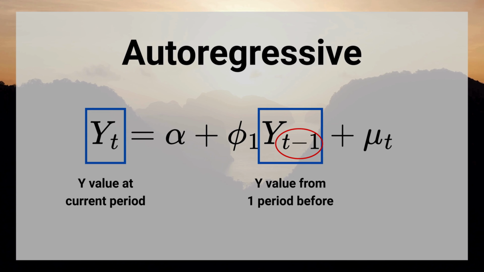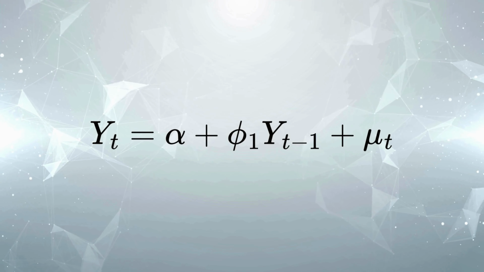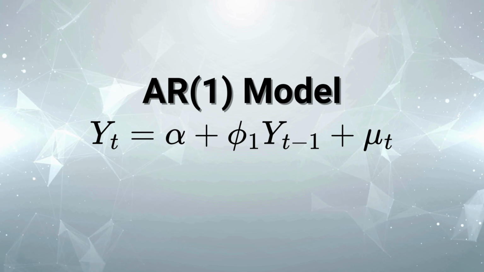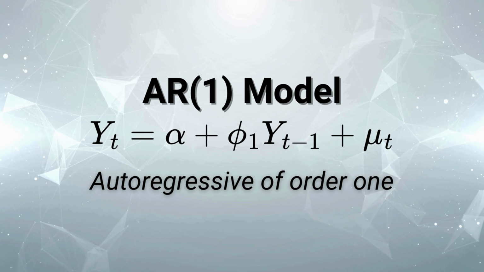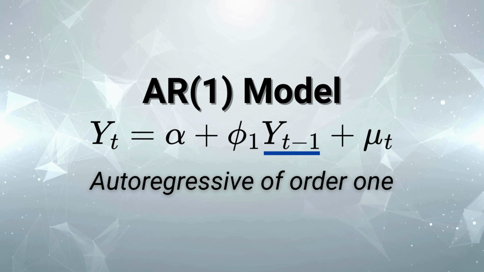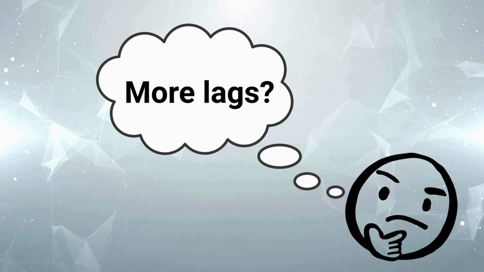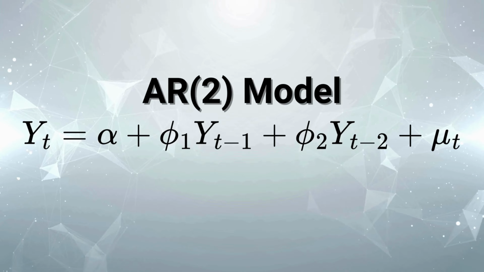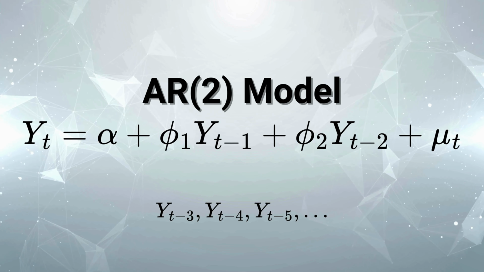That's the autoregressive part. Now, this particular equation is usually referred to as an AR1 model, or autoregressive of order 1, because there's only one lag dependent variable. But let's say we had more lags, say y sub t minus 2, then it will be an AR2 model and so on.